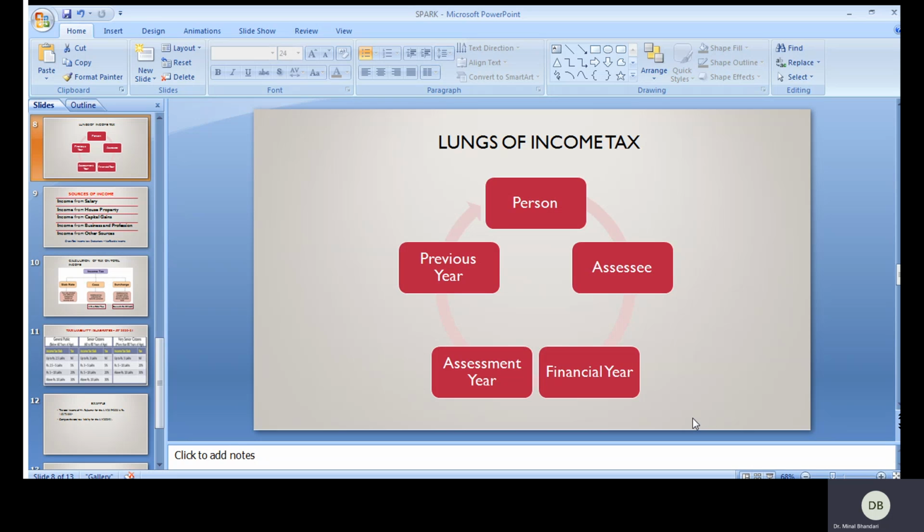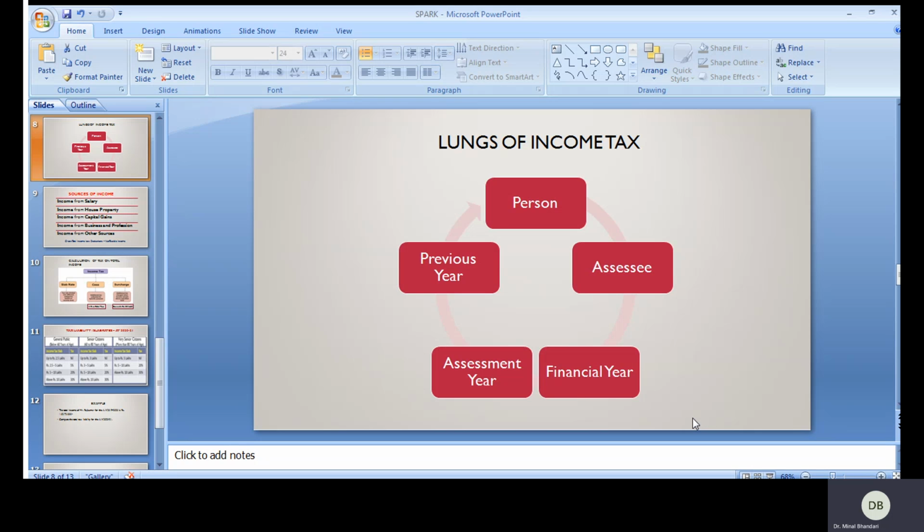Second concept is the assessee. Every person is not an assessee, because an assessee is the person who is liable to pay tax. That means according to the Income Tax Act, if a person is earning more than the mentioned income range, then they are called an assessee.